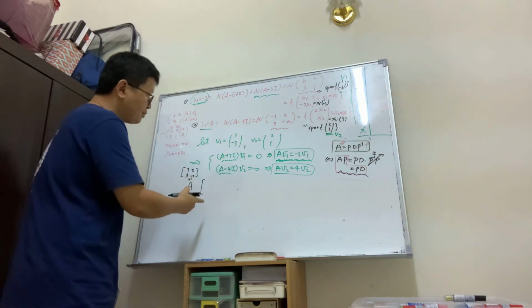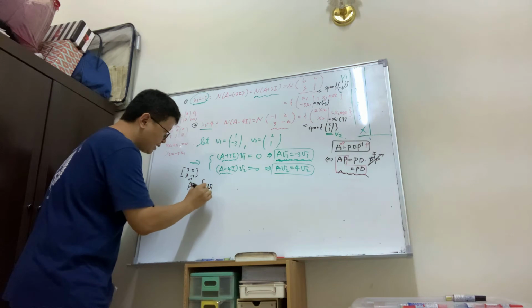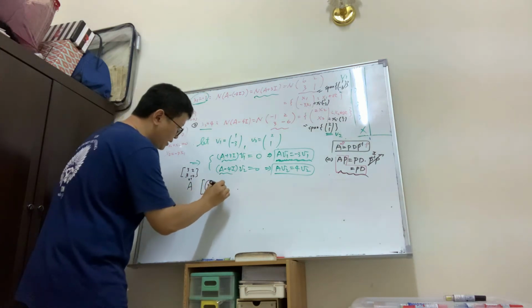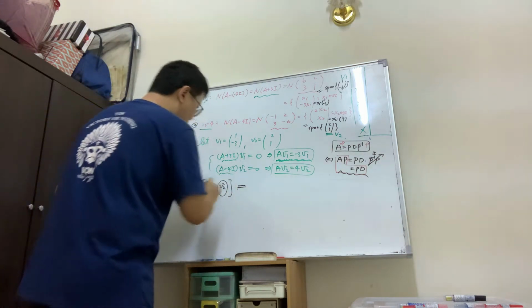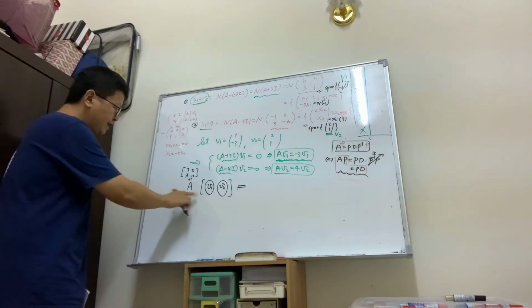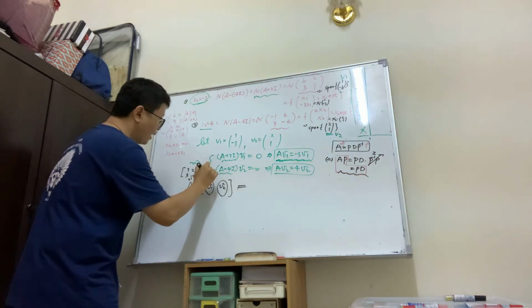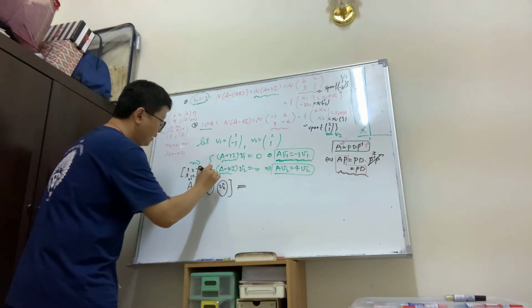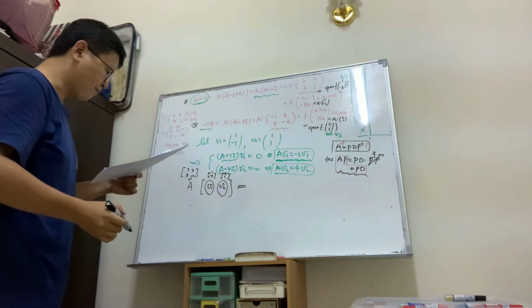And what's the matrix P? For the matrix P, in the first column we consider V1, and in the second column we consider V2. In our example, V1 is 1, negative 3, and V2 is 2, 1.